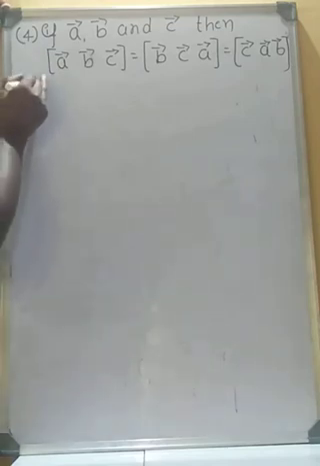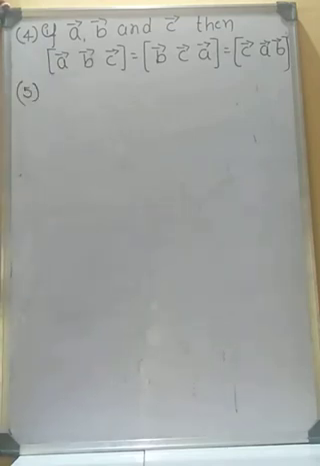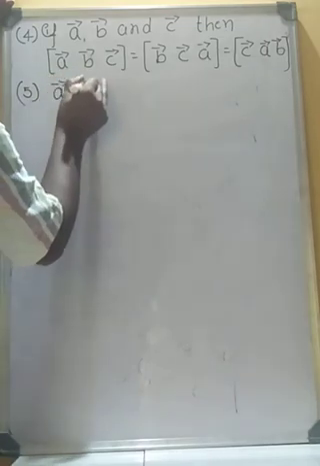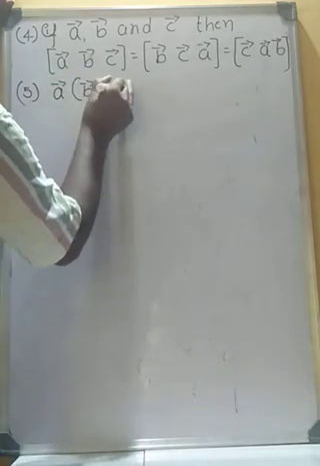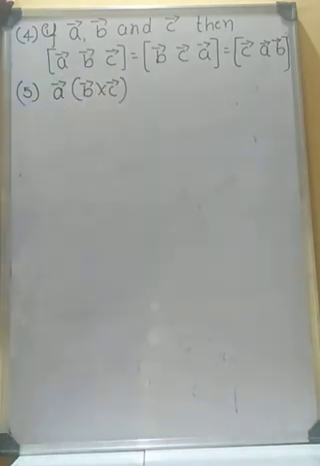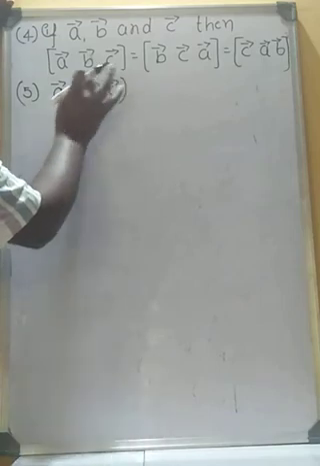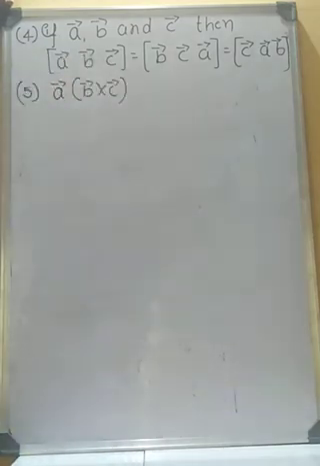Fifth observation: in the scalar triple product vector A dot of vector B cross vector C, the dot and cross can be interchanged.